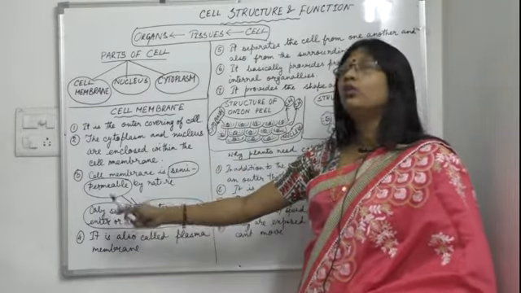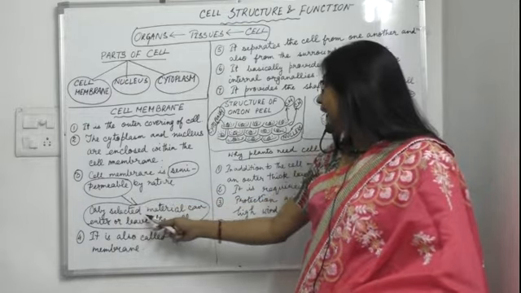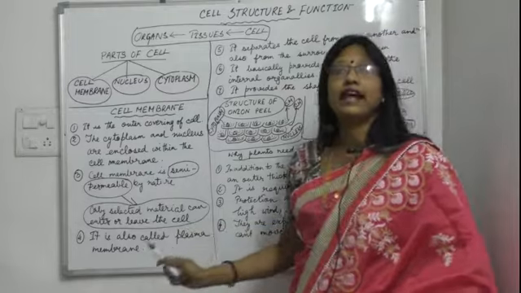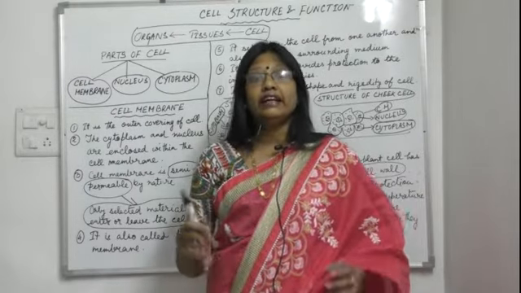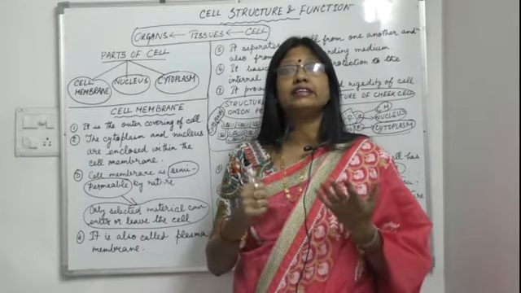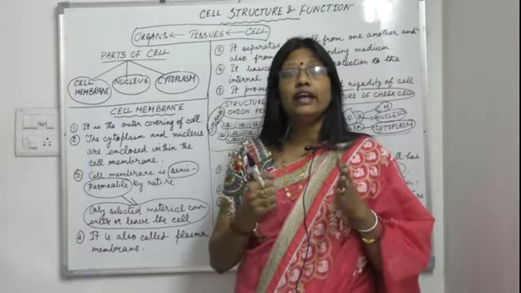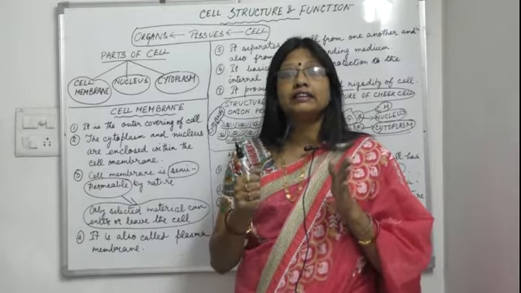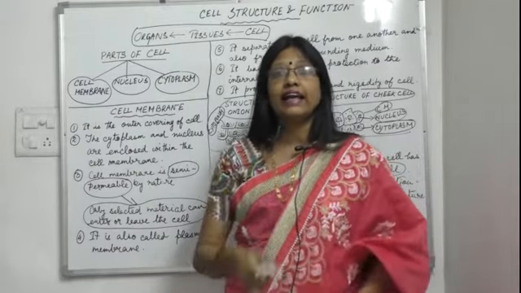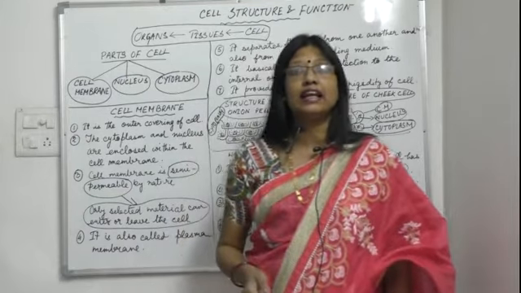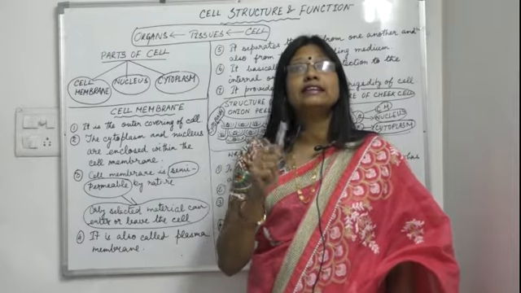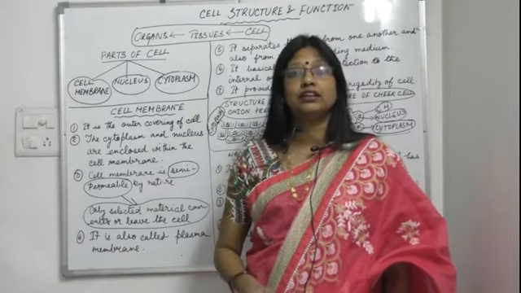Semi-permeable means only some selected materials can enter or leave the cell. Anything can't enter inside the cell. Only selected materials can enter inside the cell because of the cell membrane's semi-permeable nature.